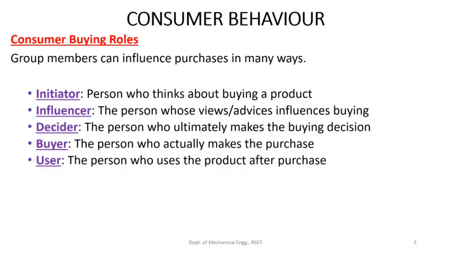The buyer is a person who actually makes the purchase, and the user is a person who uses the product after purchase. So the consumers during a purchase process can play one or more roles among the listed five.